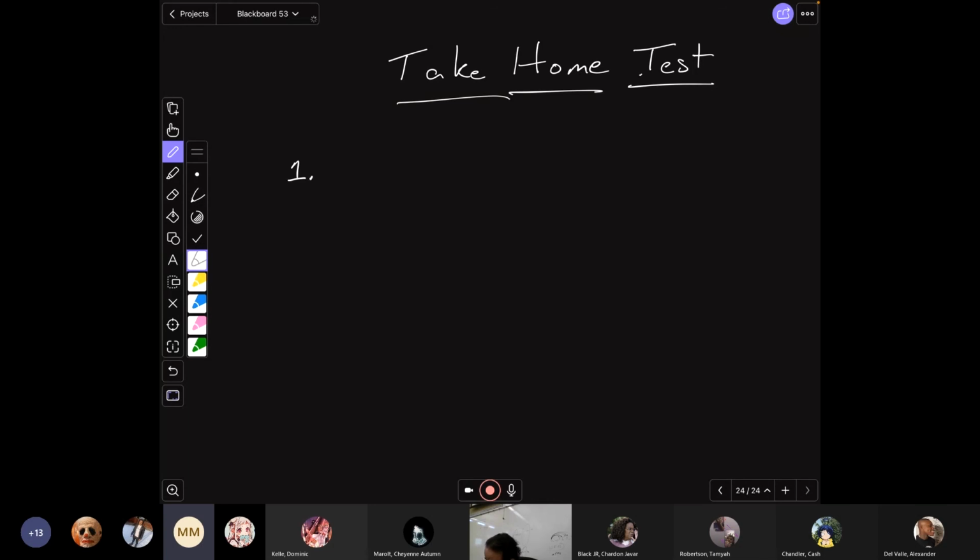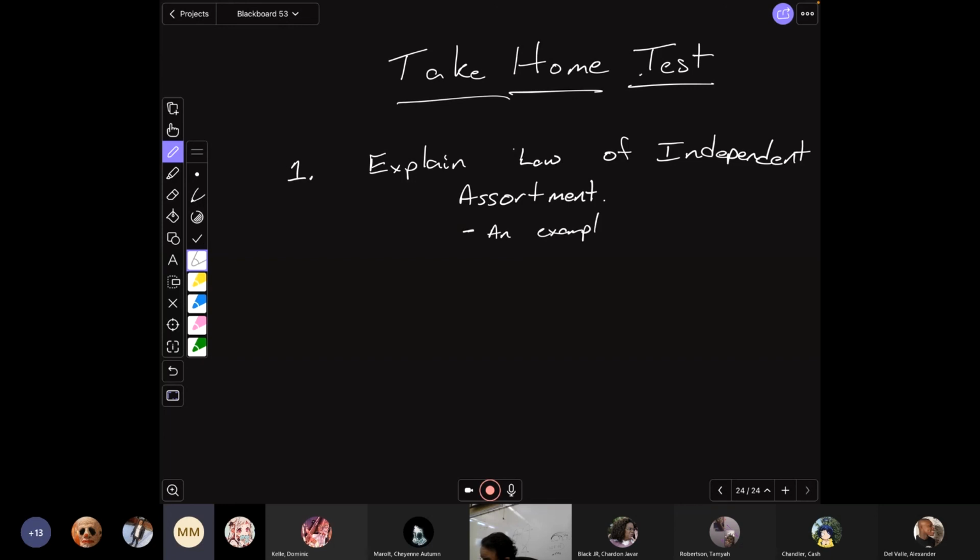The first essay, explain the law of independent assortment. That's all you have to do. And I need to see an example. And it has to be in your words.